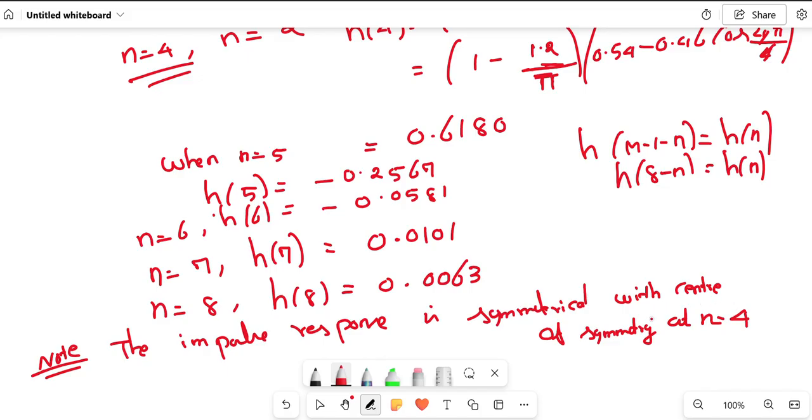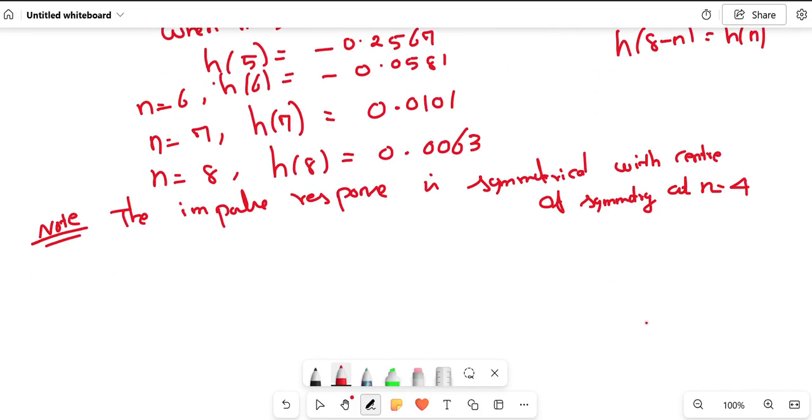So the impulse response is symmetrical with the center of symmetry at n is equal to 4.